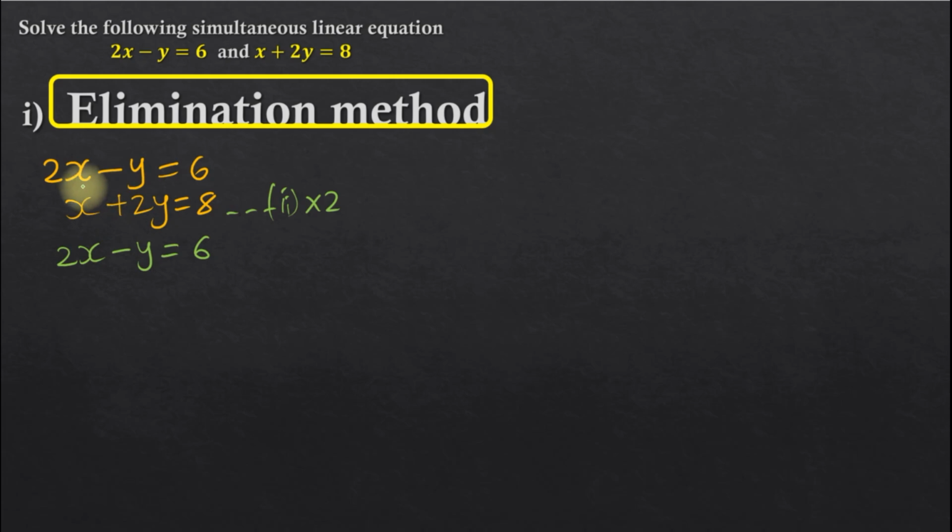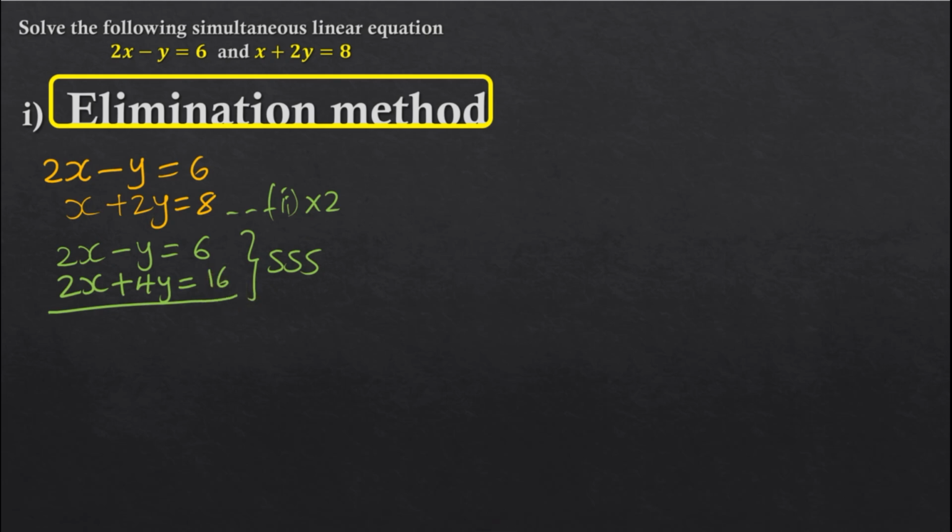The first equation is 2x minus y equals 6. The second one, multiplying each term by 2, will be 2x plus 4y equals 16. Right, so we need to eliminate x. To eliminate x, I need to subtract the two equations. Same sign, subtract; they are both positive, so I can easily subtract them.